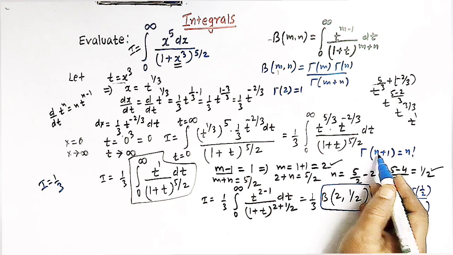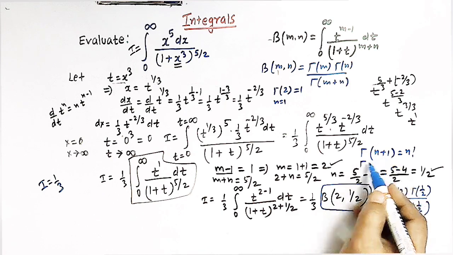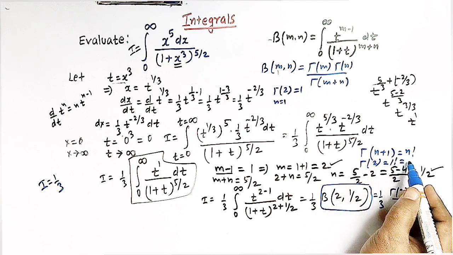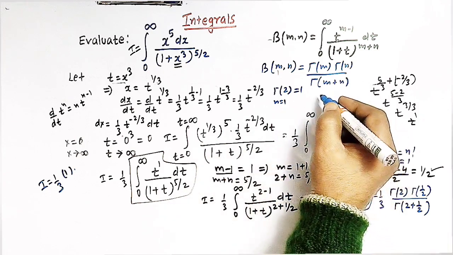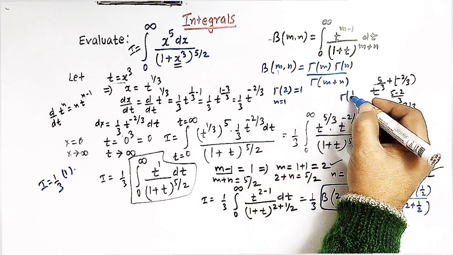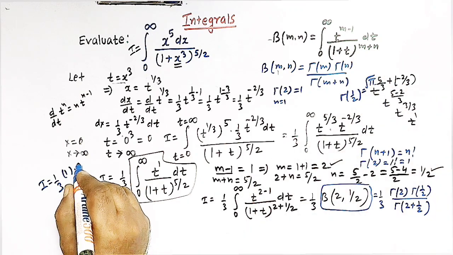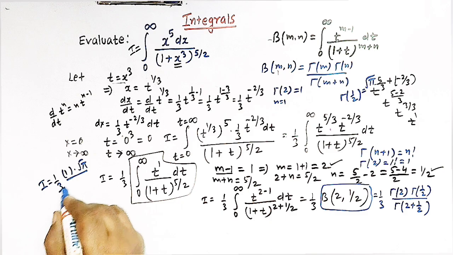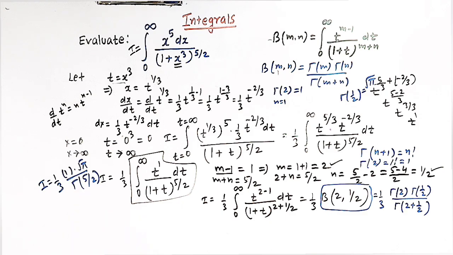So if we take n is equal to say 1, then here we have 1 plus 1, 2. So gamma 2 is 1 factorial, that is simply 1, right? And here we have gamma half. So gamma half can be written as square root of pi. So here we have square root of pi, and in the denominator we have gamma of 5 over 2.